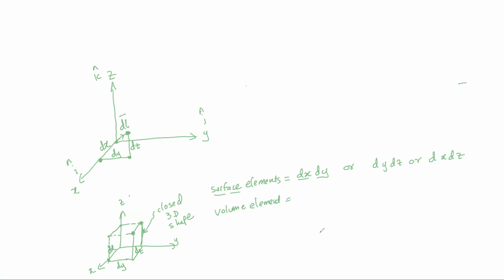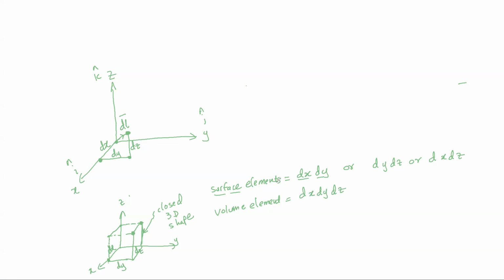Volume element comes from what? By taking the product of each of these perpendicular components. So taking the product of all the components, dx, dy, dz, we can find the volume of the smallest element that we can define for the Cartesian coordinate system, right? Volume element is the smallest volume element we can define for the coordinate system.